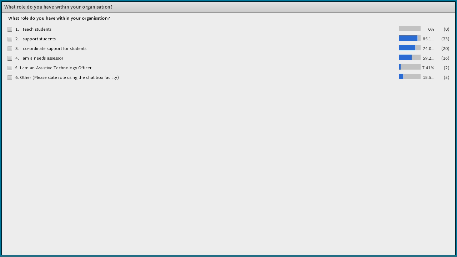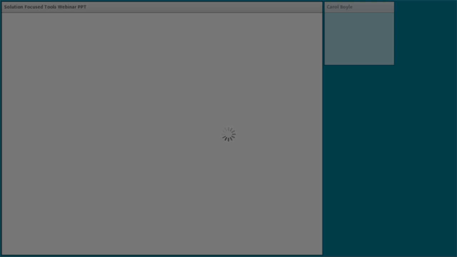And then after that, it's people who are needs assessors at 59%. So that's the largest kind of group. We've actually got 0 teaching staff in the cohort today. But we've got a couple of assistive technology officers and 5 others, so we'll find out in the chat box what those might be.